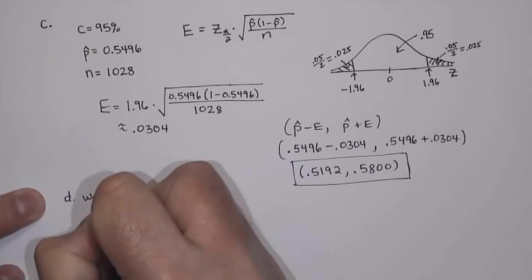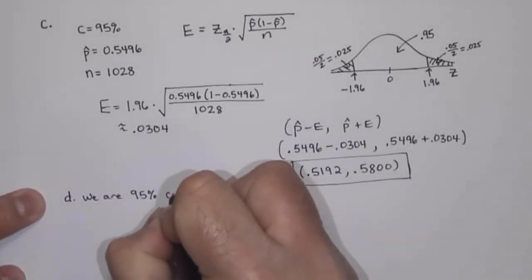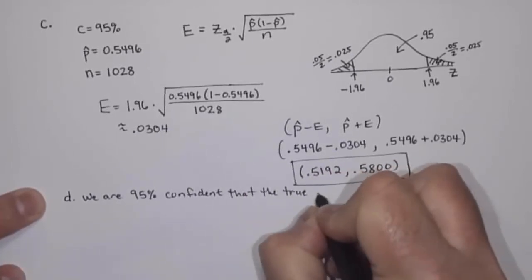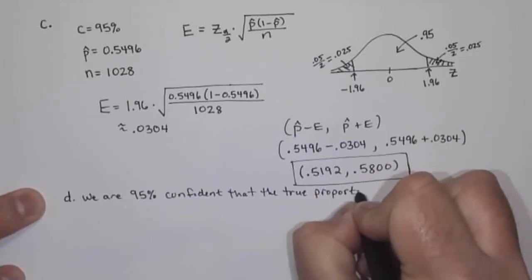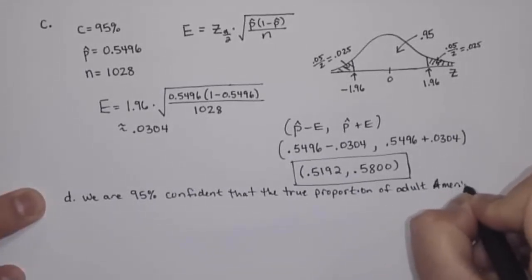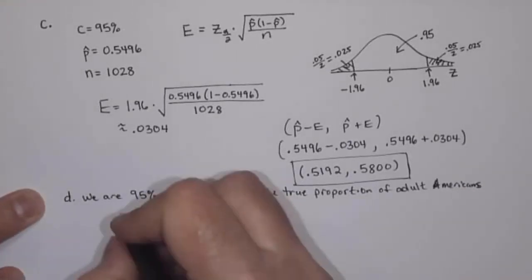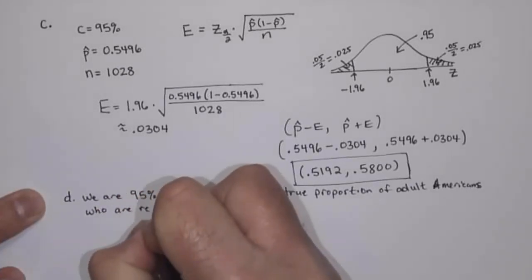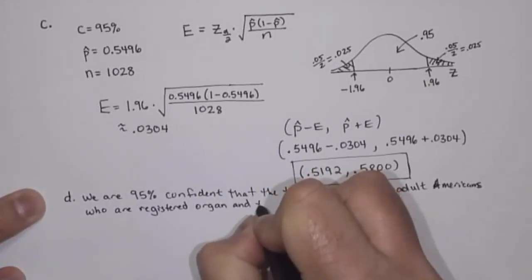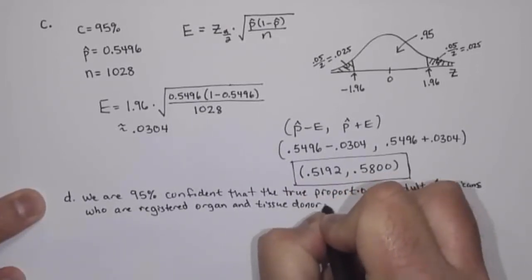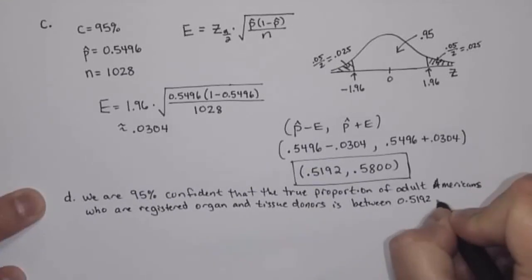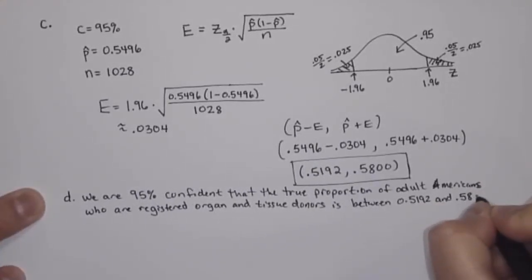So we are 95% confident that the true proportion of adult Americans who are registered organ and tissue donors is between 0.5192 and 0.5800.